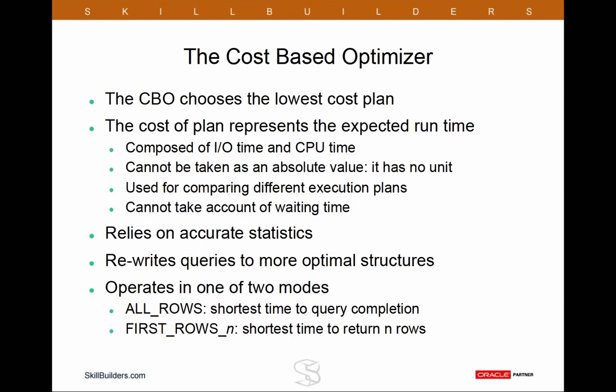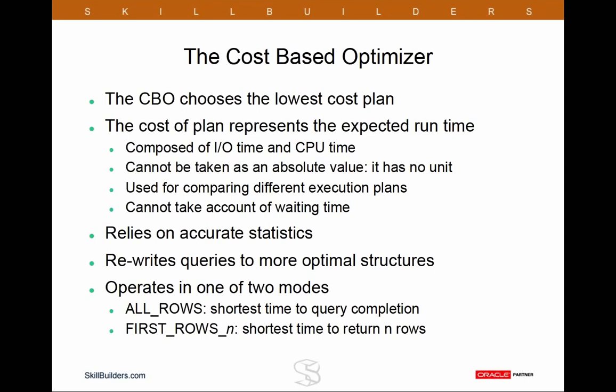Another mode, which is not as common but can be very, very helpful, is called first rows. If you set this mode for your session or for your database, the optimizer changes its thinking. Rather than trying to optimize for best overall response time, the optimizer optimizes to give you a row as soon as possible.